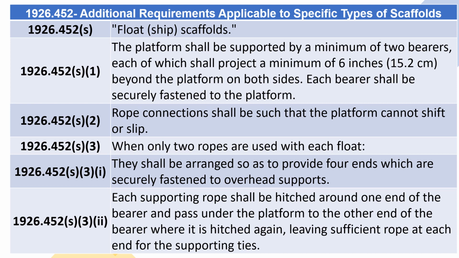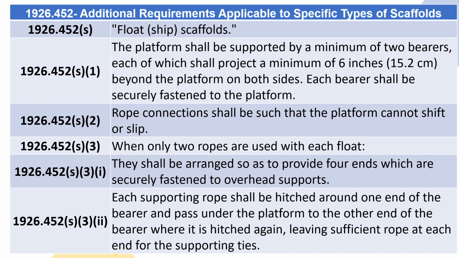1926.452(s): Float (ship) scaffolds. 1926.452(s)(1): The platform shall be supported by a minimum of two bearers, each of which shall project a minimum of 6 inches (15.2 centimeters) beyond the platform on both sides.